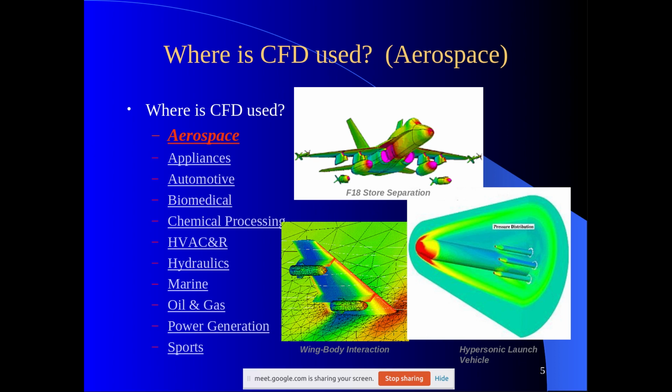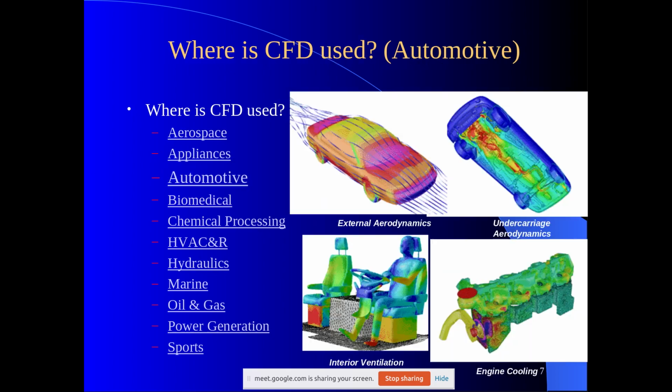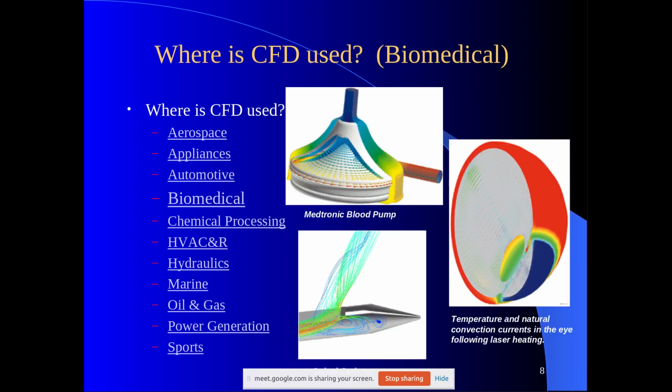In aerospace, you can simulate an entire aircraft, wing, the engine, appliances, all sorts of appliances, refrigeration, freezers. In the automotive industry, very common. We talked about crash simulation. Biomedical devices.